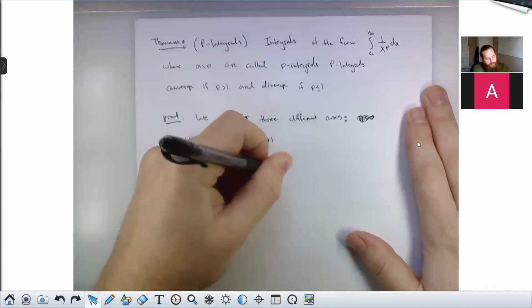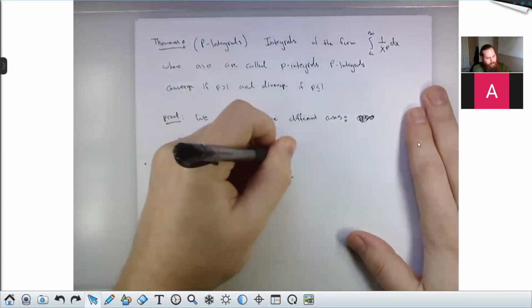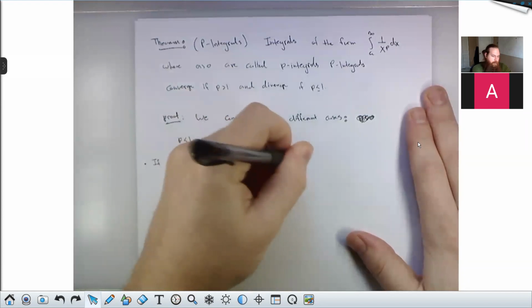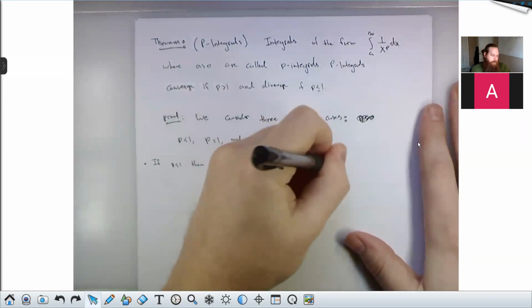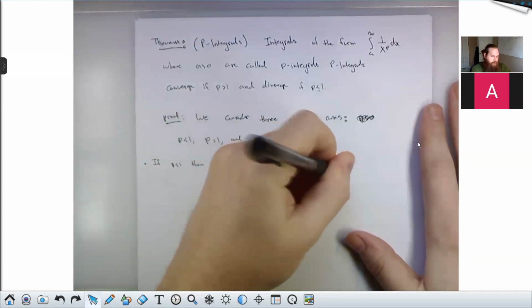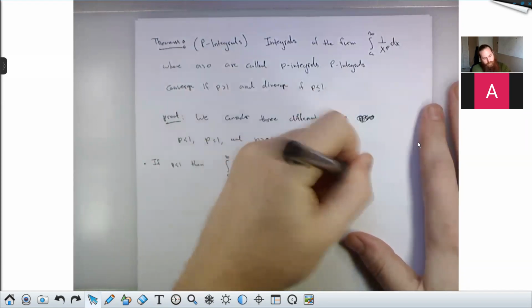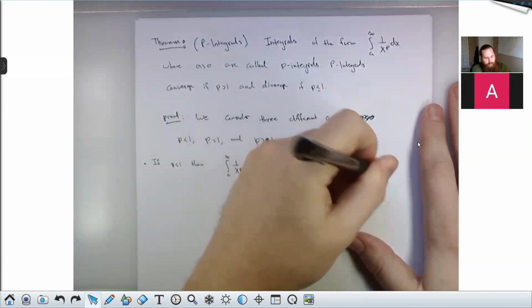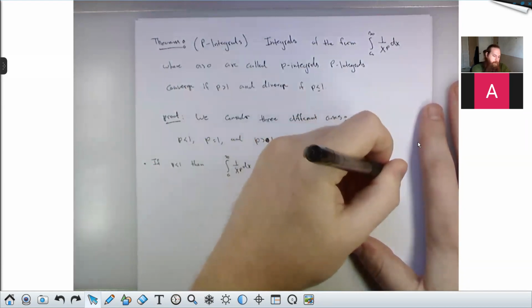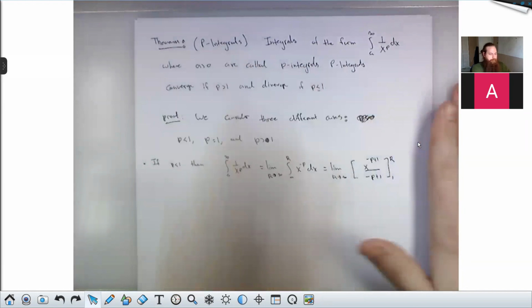So r goes to positive infinity, integral a to r of x to the negative p dx. My antiderivative looks like this. It's x to the negative p plus 1 over negative p plus 1 evaluated from 1 to r.